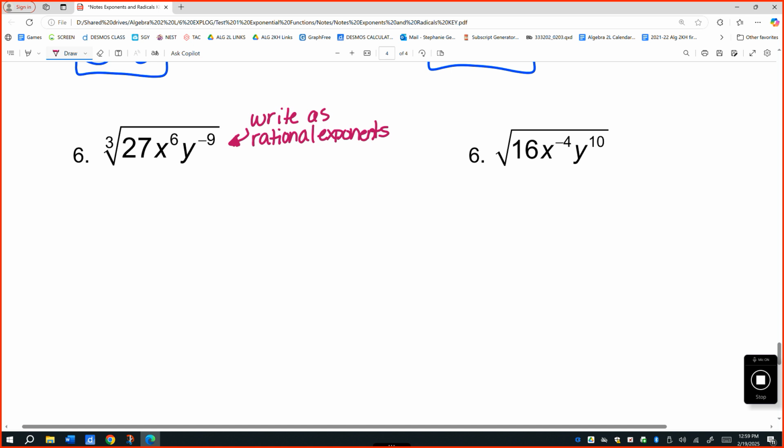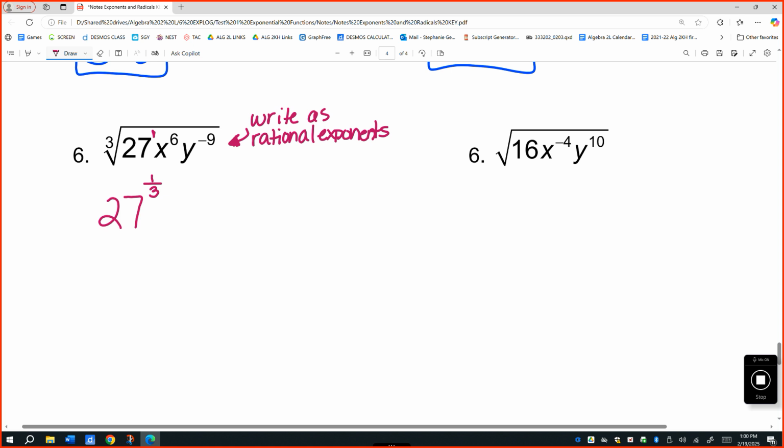All right, so everything that has an exponent, that's the numerator, the exponent numerator, and then this root is going to be our denominator, okay? So we're going to have 27 to the 1/3 power. Everyone know where the 1 and the 3 came from? 1 is the power, 3 is the root, so 1/3.